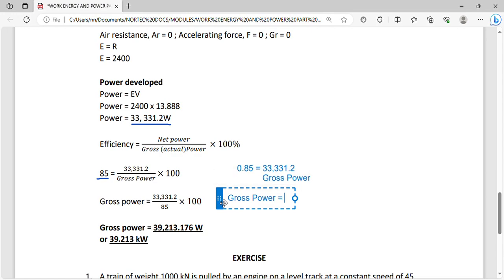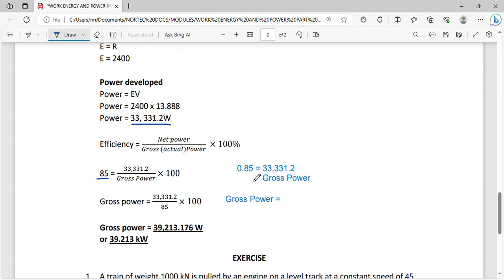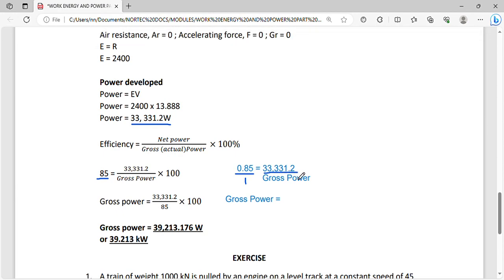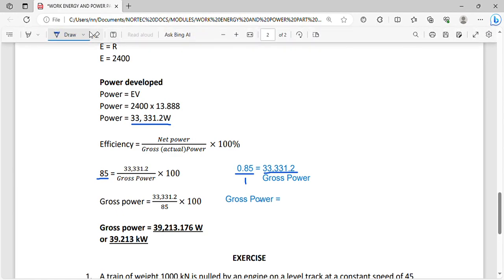So, on the other side, of course, the 100 has been taken care of by the 0.85. So, if I have to make gross power the subject, because what I have there is 33,331.2 divided by gross power, it's like I'm just cross multiplying. I might as well do this. I would say this over 1, and of course here they're also dividing. So what will happen is that I will have this. Let's go back.